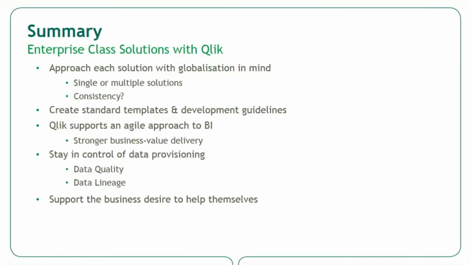And one of the key questions there is the level of consistency of the business processes and of the reporting processes, I guess. So a couple of examples of globalization and the value that templates and development guidelines can apply to that. We also described an approach that enables you to get to those global solutions and the agile approach that Qlik helps to provide.